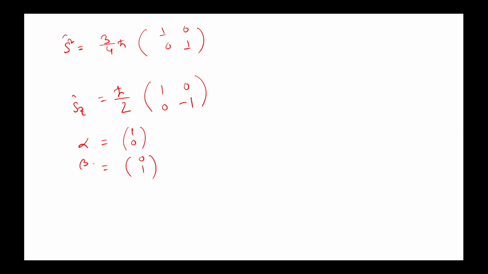So if you operate on this alpha, this can be derived generally, but as you all know, this alpha is actually a 2 by 1 column vector, that is 1 0 and 0 1. But does it fulfill all the rules? So just for one example, if we operate this Sz on this beta, we can write h cross by 2 times the matrix 1 0 0 minus 1, and you write this column vector and do the matrix multiplication.